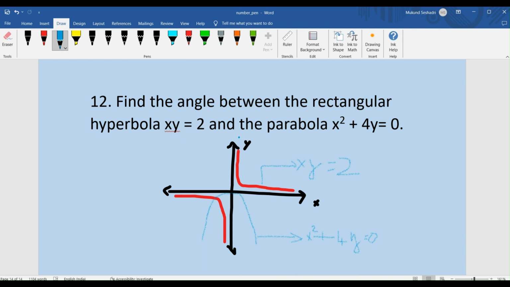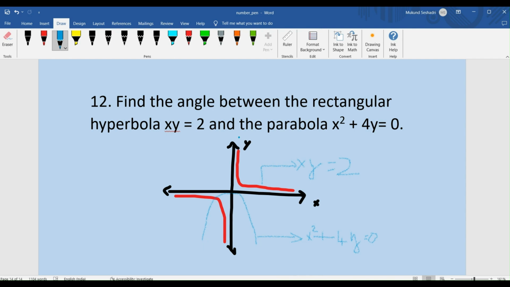And let me come to the parabola x squared plus 4y equals 0, which means that x squared equals minus 4y. When you say x squared equals minus 4y, what we actually mean is x squared, being a perfect square, is always positive, right? So y always has to be negative in this case. So this curve does not exist in quadrants 1 and 2.